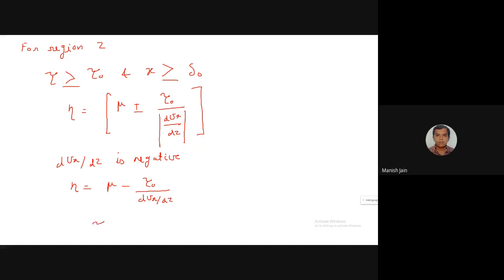Now tau xz equal to minus eta multiplied by dvx by dz. Just substitute the value in the original equation, you will get tau xz equal to minus mu dvx by dz plus tau naught.